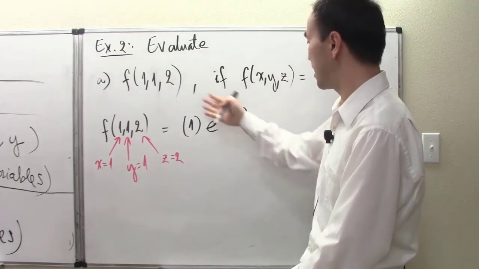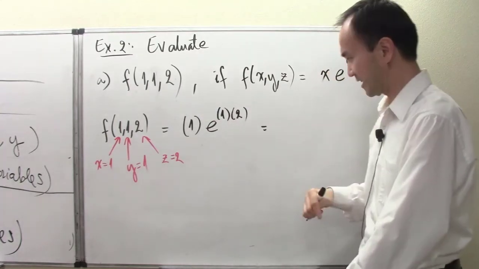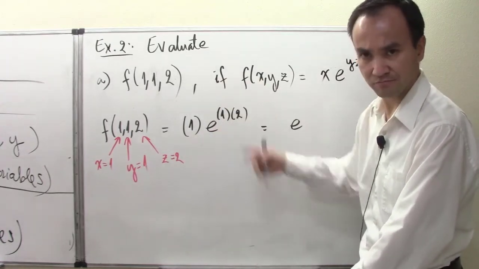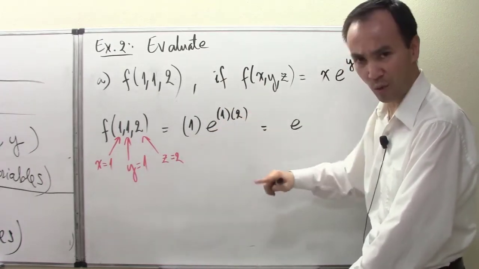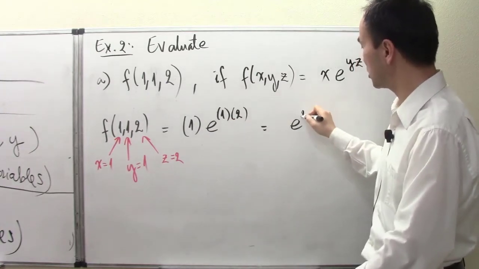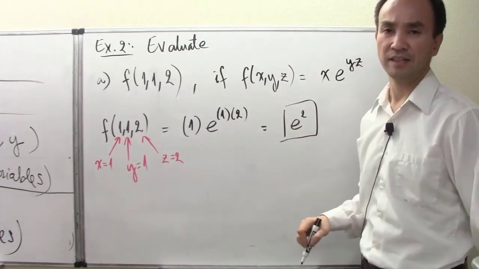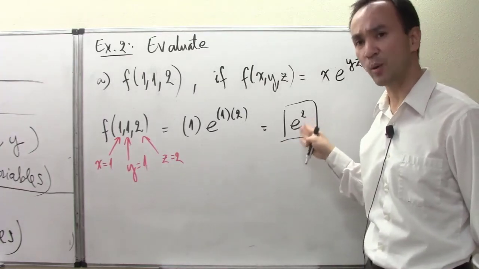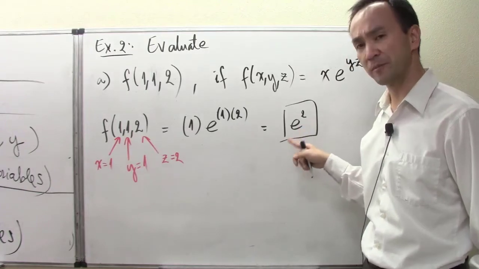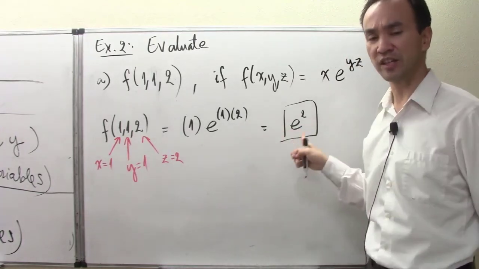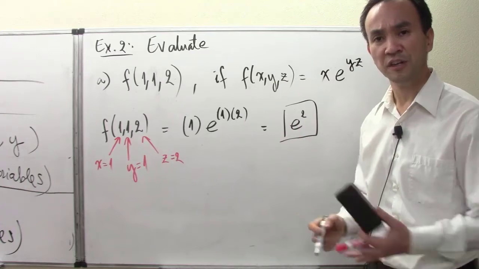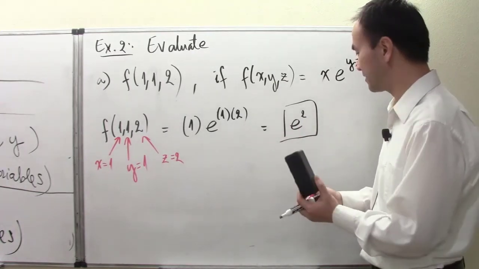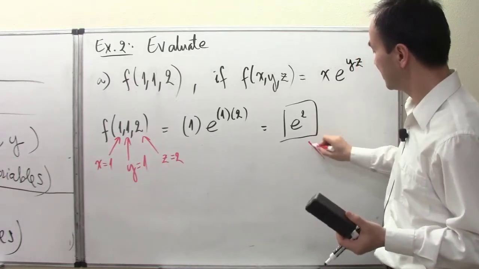With the order of operations, I'm looking at e to the, because 1 times anything is just that quantity, so I can skip the 1 there. 1 times 2 is 2, so e squared is my final answer right here. Without having a calculator right now, I'm leaving this final output in exact expression. But if you have a calculator, you can go ahead and obtain your own numerical value in decimals. Okay, but see, what I have here is outputs.